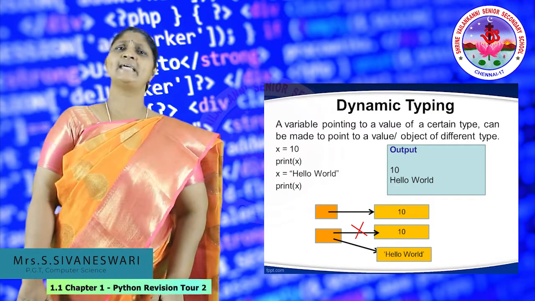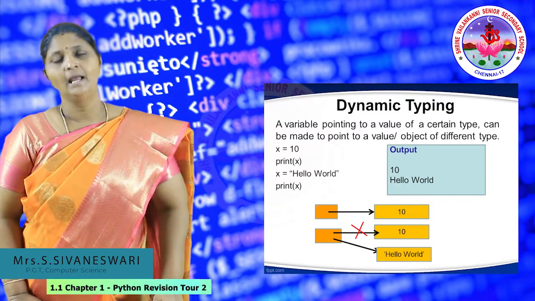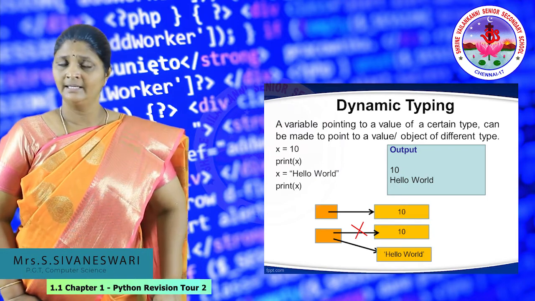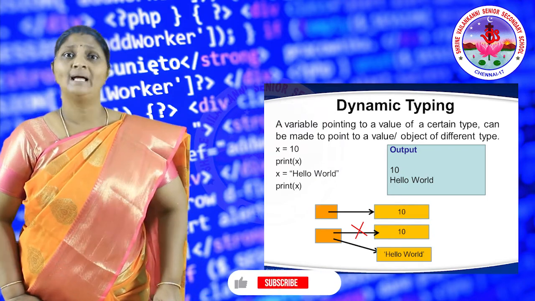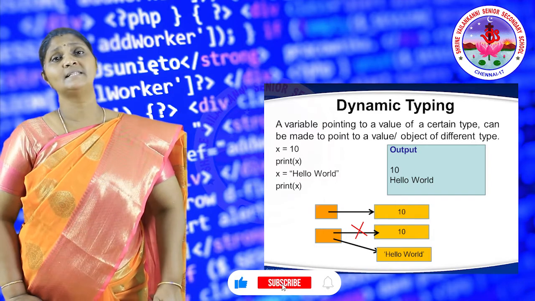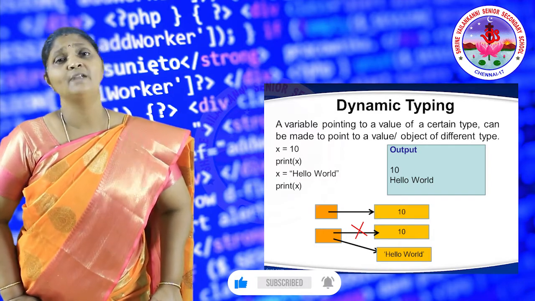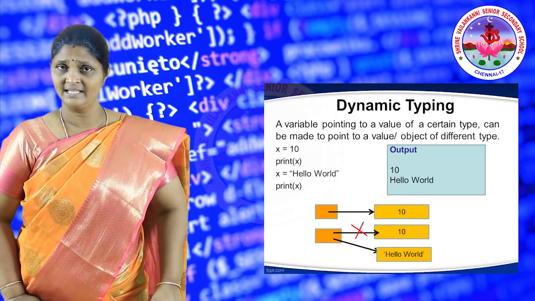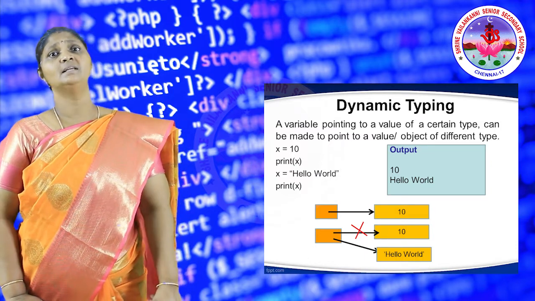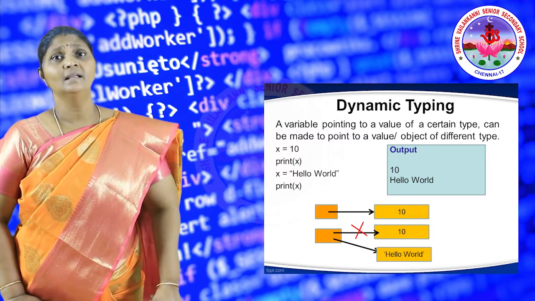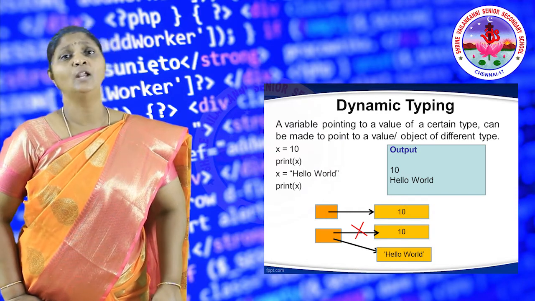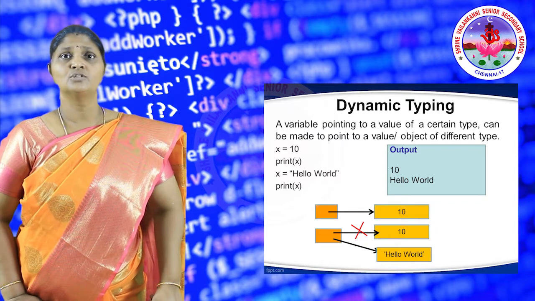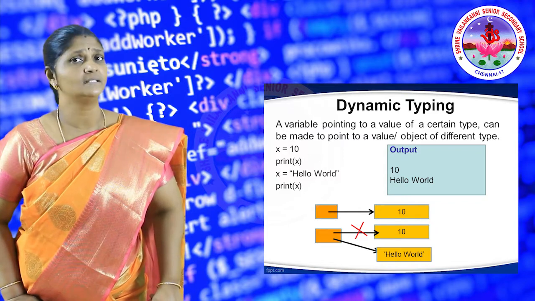X is equal to 10, print X. X is equal to hello world, print X. Here X has two values. For the first print statement, it prints 10, and for the second print statement, it prints hello world. So the same variable is holding 10 in one instance and hello world, that is a string value, in another instance. So that's how dynamic typing is done.